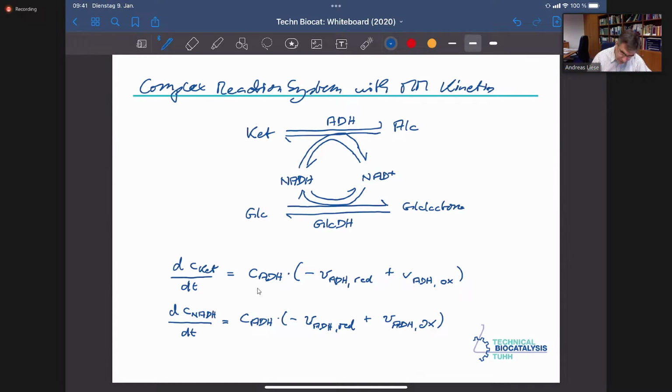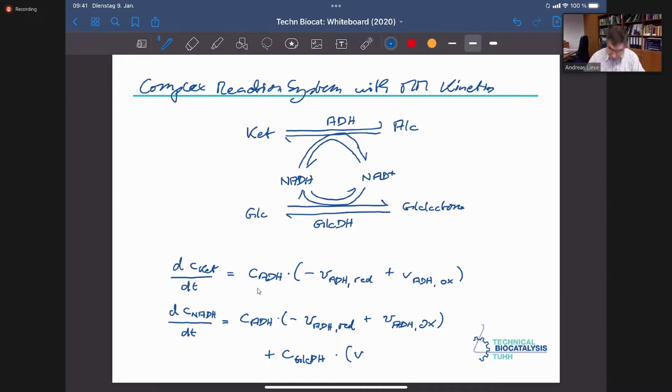And now the NADH is being formed in the starting up from glucose with glucose dehydrogenase. So it will be plus the concentration of the glucose dehydrogenase times the rate.